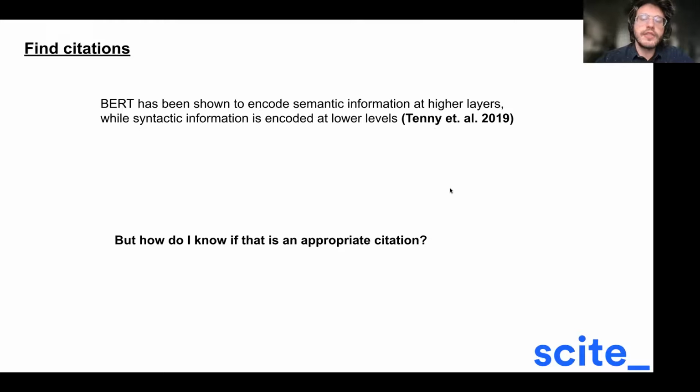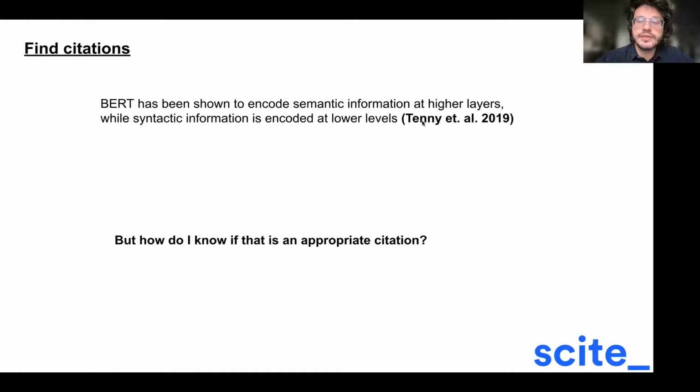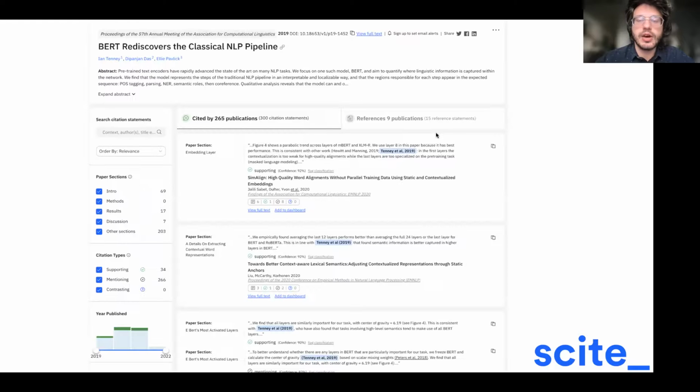So if other authors, as you can see by reading the Scite report for Tenney et al., have not only made this claim but replicated it, then you have a lot more confidence that this claim is justified by citing Tenney et al.